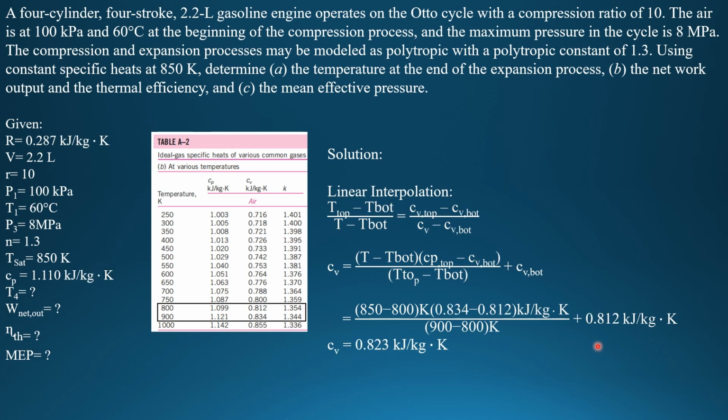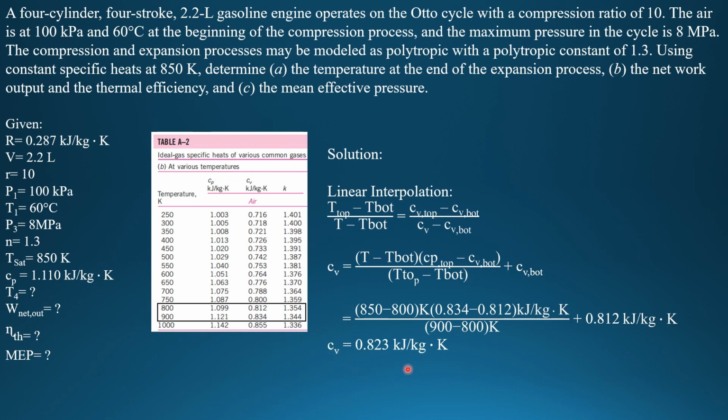kilogram Kelvin. Next, we will be finding also the constant volume specific heat of our Tsat with the same linear interpolation. So, we'll be plugging in the values. We have the 850 minus 800 Kelvin times 0.834 minus 0.812 kilojoules per kilogram Kelvin divided by 900 minus 800 Kelvin plus 0.812 kilojoules per kilogram Kelvin.